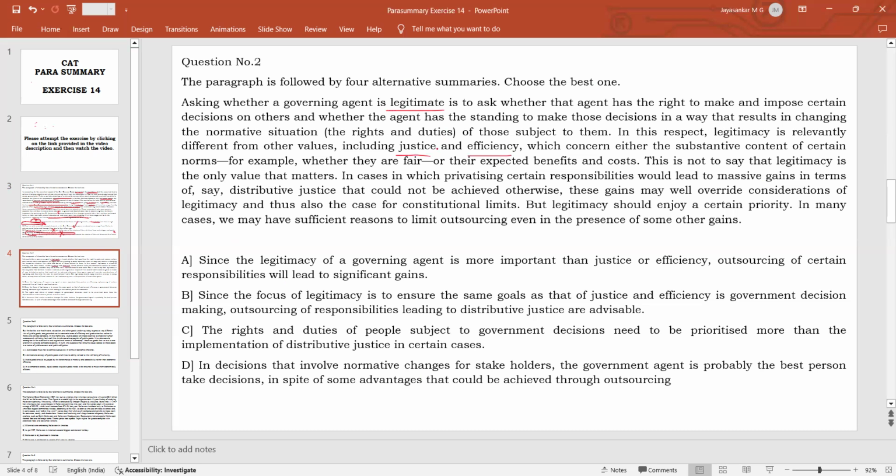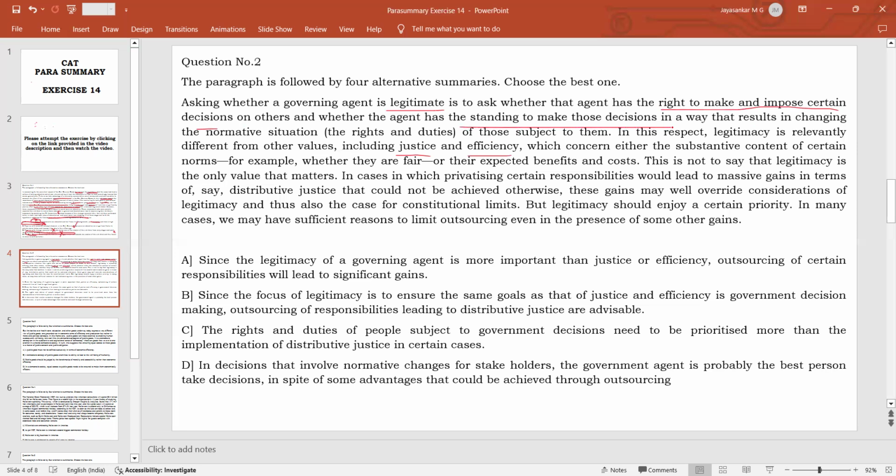And the passage says that when you are talking about the legitimacy of a government agency or a governing agent, what you are essentially talking about is their authority, the right to make and impose certain decisions, and their eligibility, standing to make those decisions.